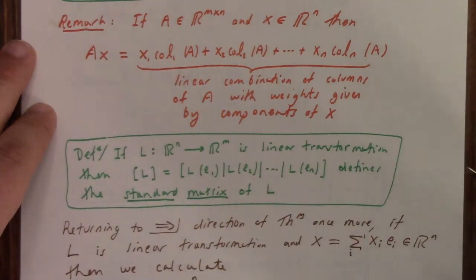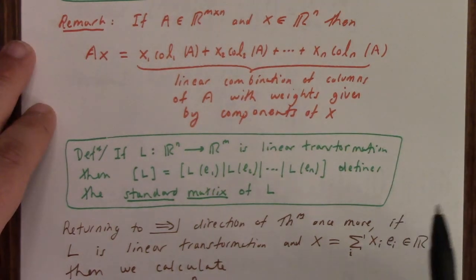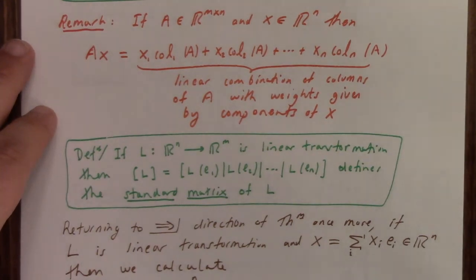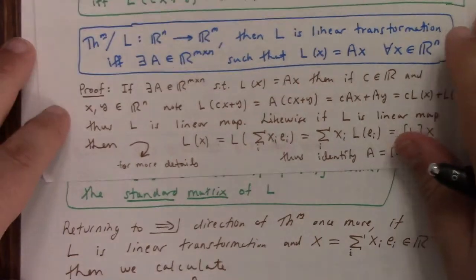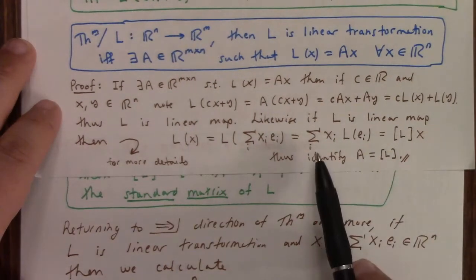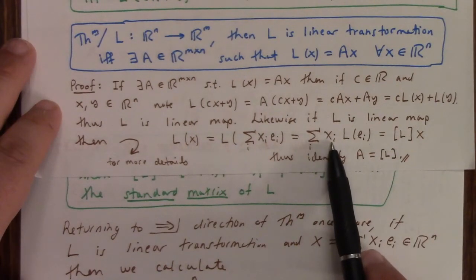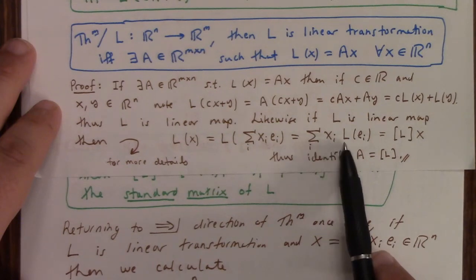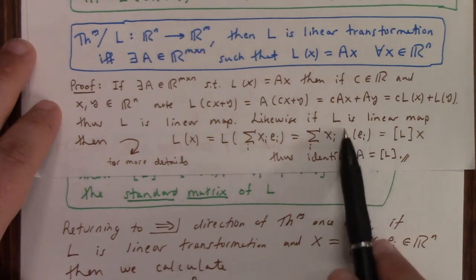Some books take this to be the definition of matrix column multiplication. So with that in mind, when you look at the previous page here, we've got this sum with weights x_i, and these are vectors.